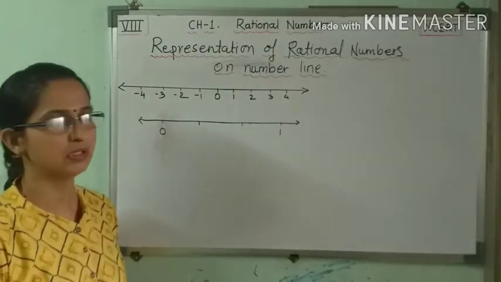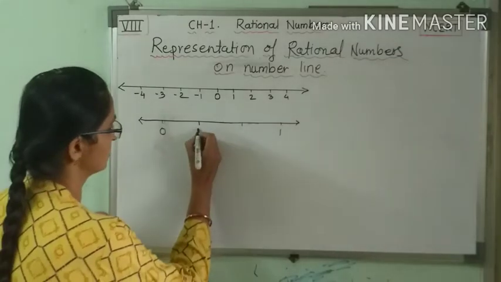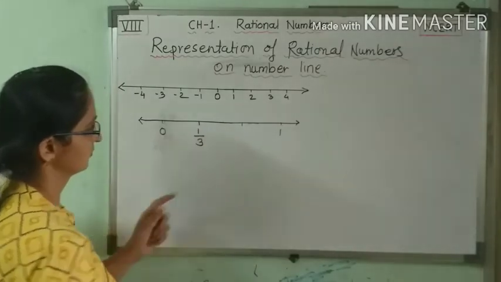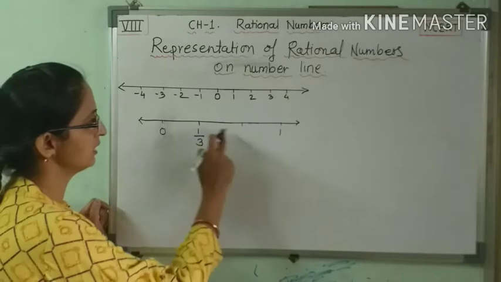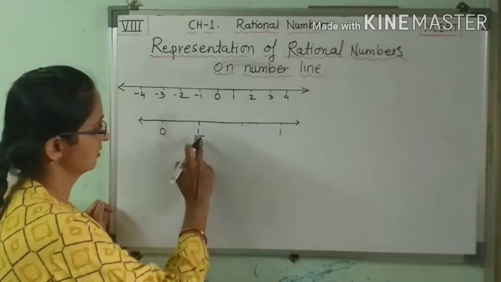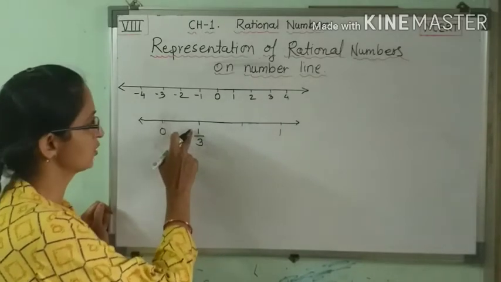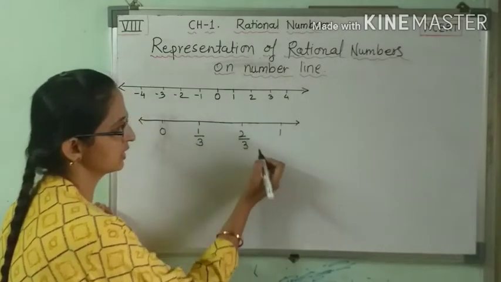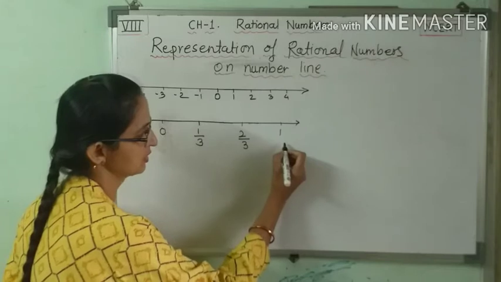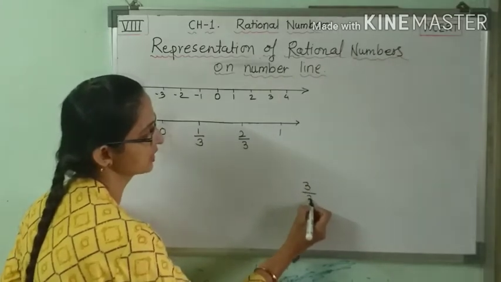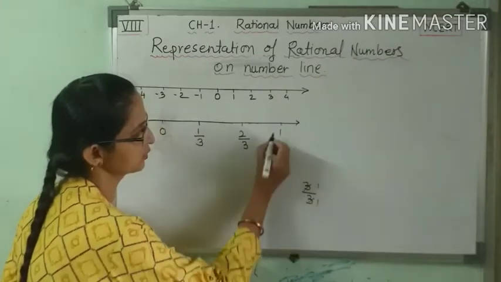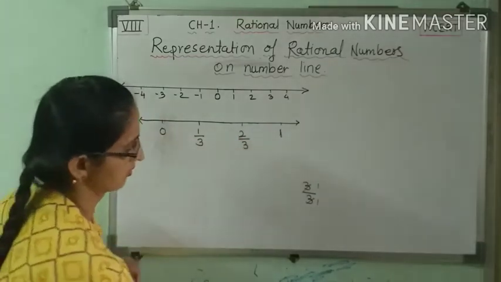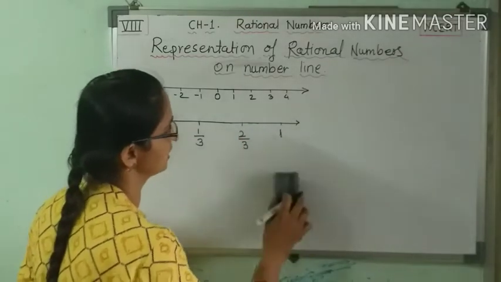But how to label these points? Out of these 3 equal parts, this is the first part, so 1 upon 3. This is the second part, so 2 upon 3. This is the third part, so it is 3 upon 3. 3 1s are 3, so it is 1.